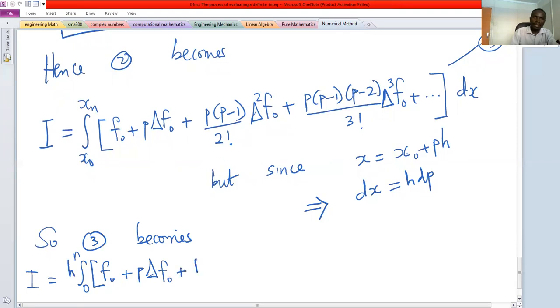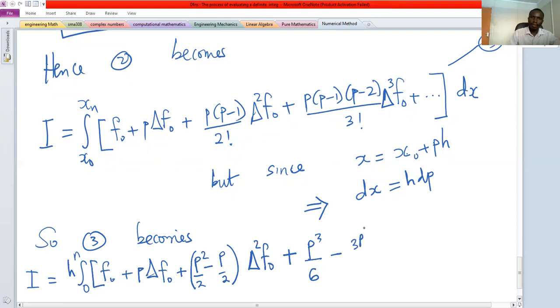Now opening this one, I'll have p squared minus p over 2, the second forward f naught, plus, when you expand this one, you get p power 3 over 6, 3 factorial is 6, minus 3p squared over 6 plus 2p over 6, and then third forward of f naught plus other terms.